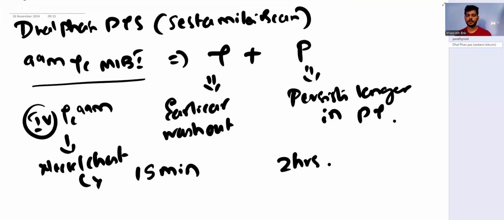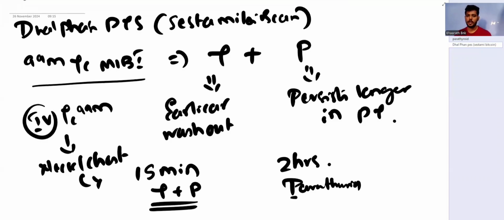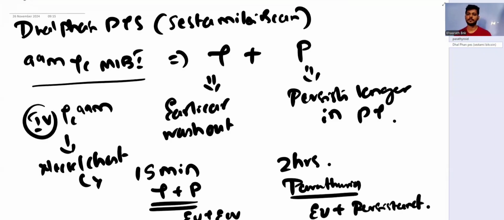Initially it will be taken up by both thyroid and parathyroid, and by the end of 2 hours it will be present only in the parathyroid. So thyroid gives an image of early uptake plus early washout, and parathyroid gives an image of early uptake plus persistent presence.